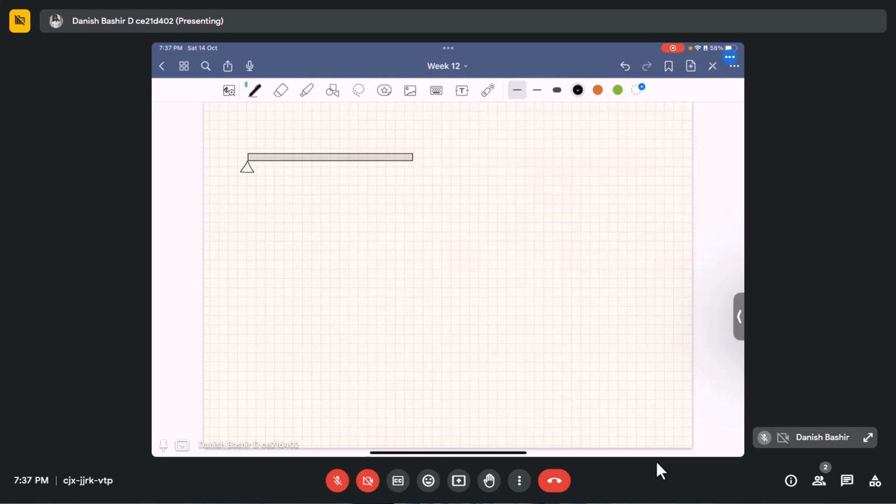For example, this was our structure, and we were having different loadings acting, like w of x. We can say that we have loads Pi acting at some point i, and we have moments Mj acting like this at some point j.